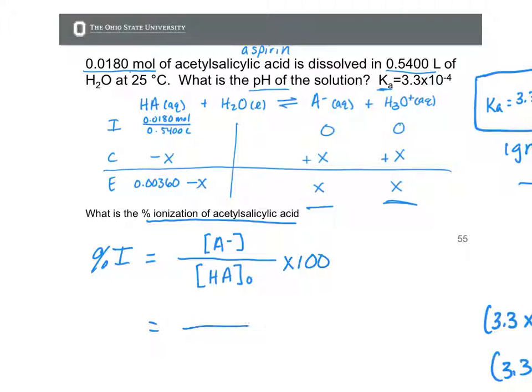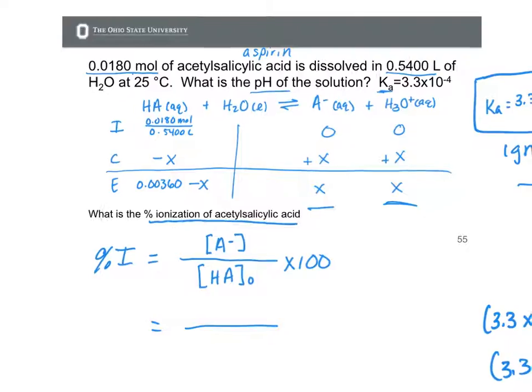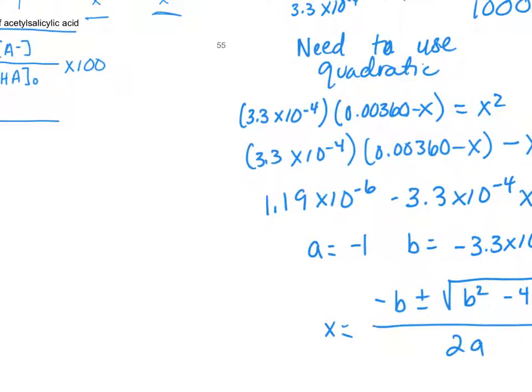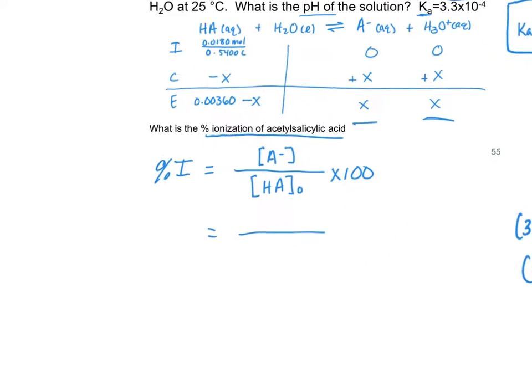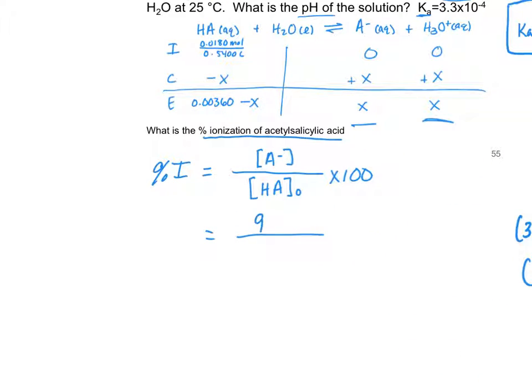We just calculated our A minus concentration, that's our x value, 9.4 times 10 to the minus 4 molar. And our initial concentration of weak acid was 0.00360, multiplied by 100. And we should end up with a percent ionization of 26%.